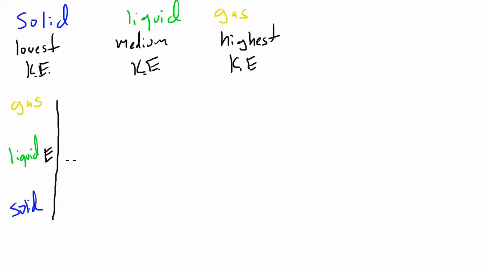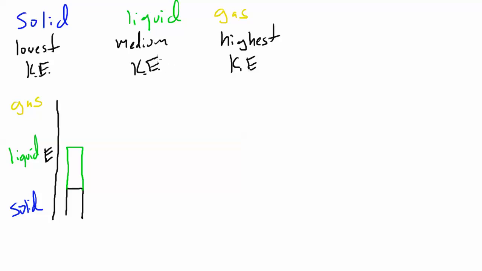So if you imagine bars here, if you have a solid, you have a bar like this, and you want to turn the solid into a liquid, well, the liquid is up here, and the liquid has more energy than the solid. So if you want something to become a liquid, you have to add more energy to get it up there.